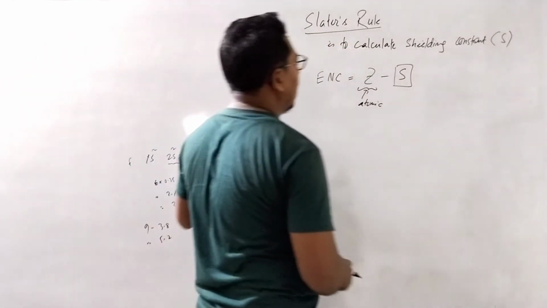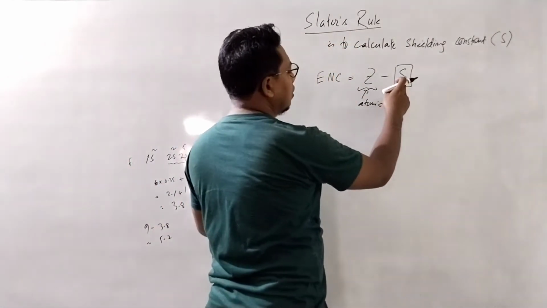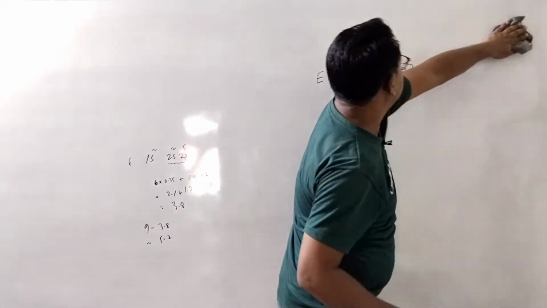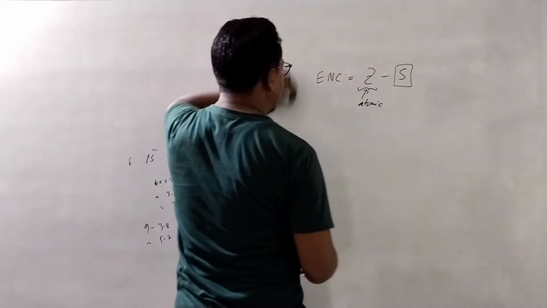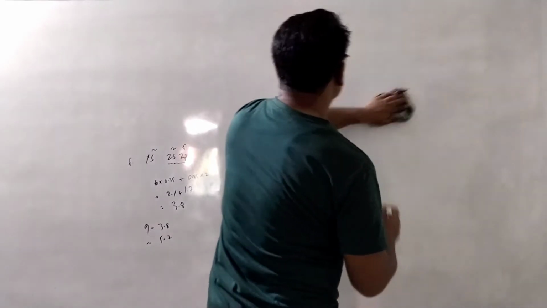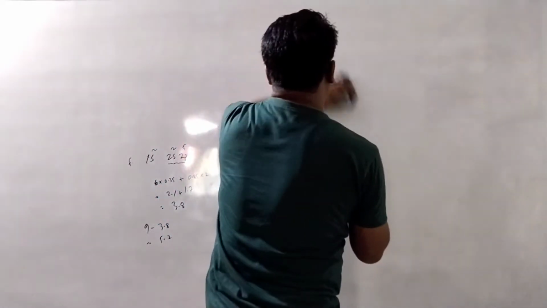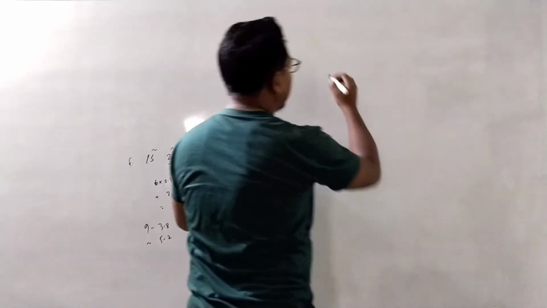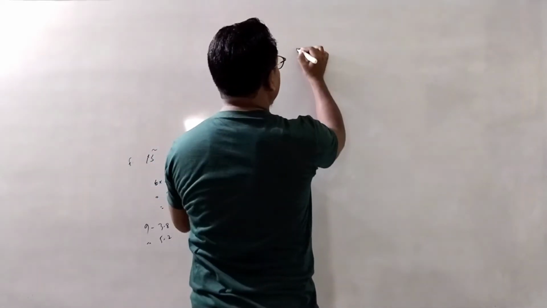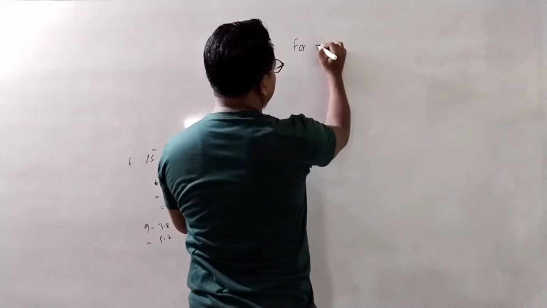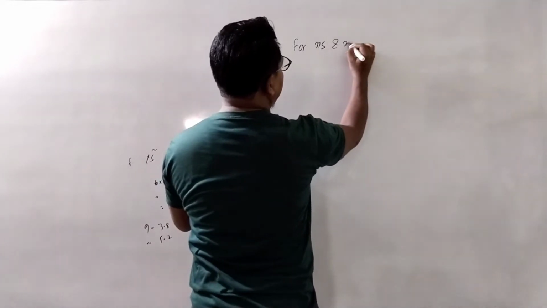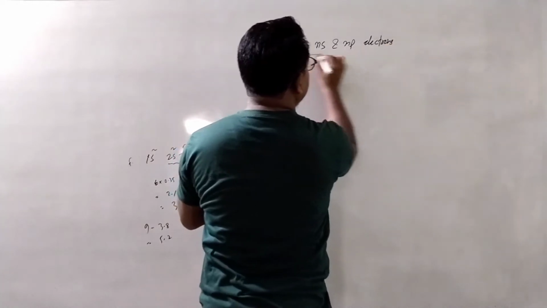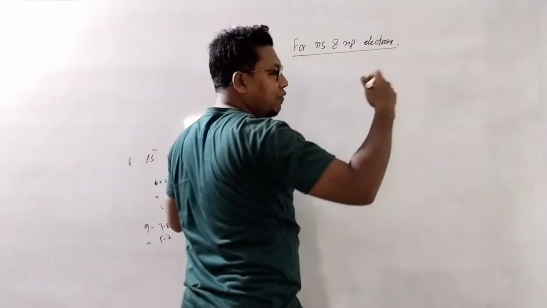So what are the rules for calculation of shielding constant? Let me write here. This is the rule for Ns and Np electrons.